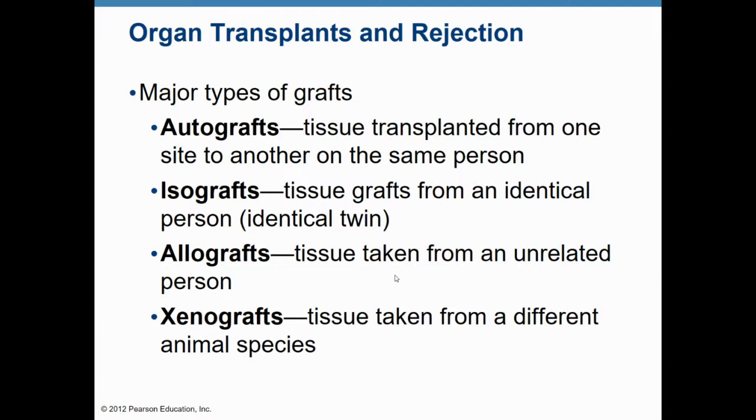So remember, we looked at dense regular connective tissue underneath the microscope. We had lots and lots of collagen fibers, and just a row here or there of those fibroblasts. The fibers aren't going to stimulate the immune system, but the cells will. And so there's some limited success with connective tissues, like the connective tissue that makes the heart valves.